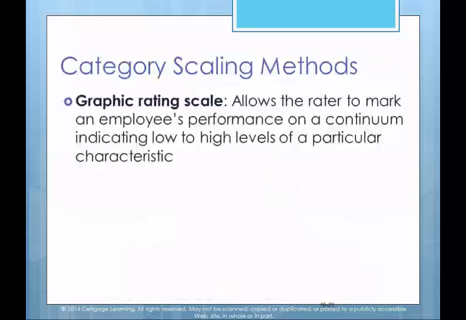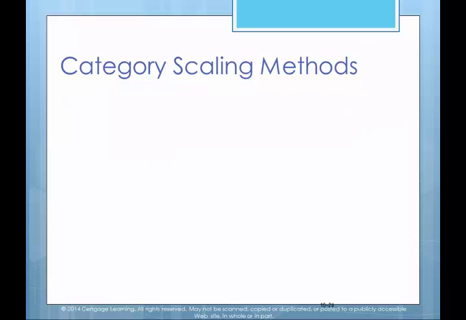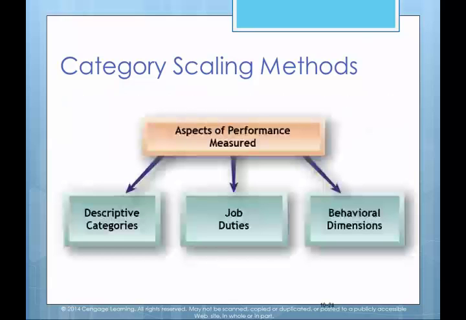All right, category scale methods. You've got the graphic scale, and those are usually your descriptives. People like our 1, 2, 3, 4 kind of categories. And this is the category scaling methods. So you've got descriptive categories, you've got job duties, you've got behavioral dimensions.